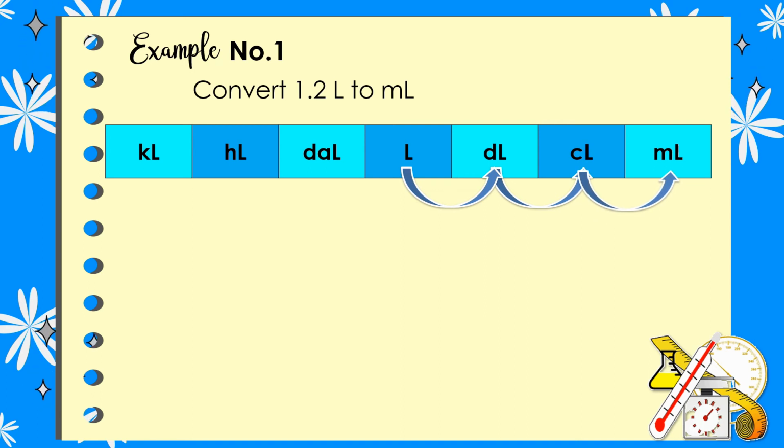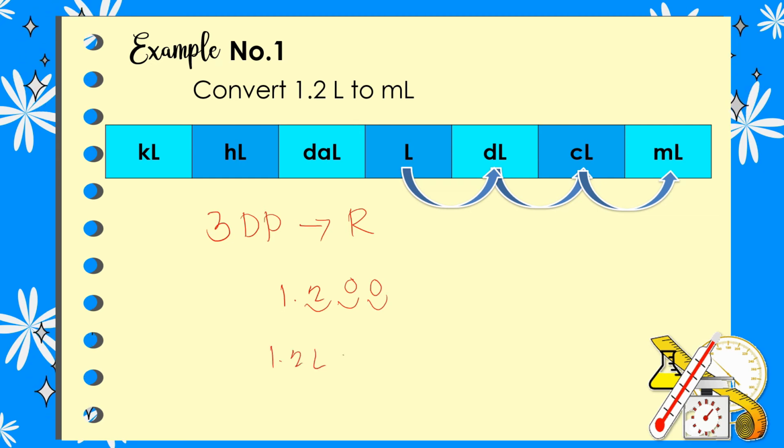So, they are 3 units away. So, that would be equivalent to 3 decimal places. Going to the right. So, 1.2, i-move nyo lang ng tatlo. We have 1, 2, 3. Mag-add tayo ng dalawang 0. So, 1.2 liters is equivalent to 1,200 milliliters.